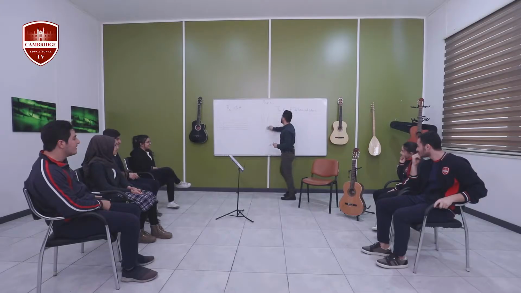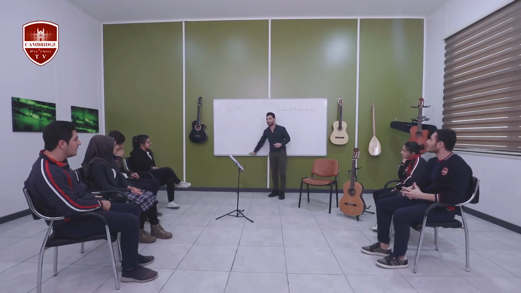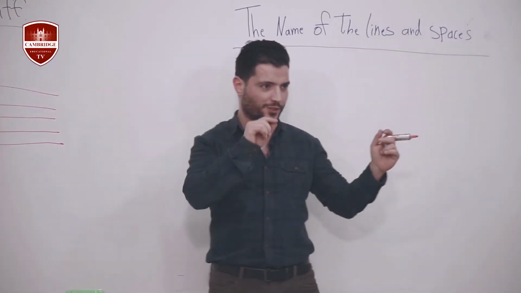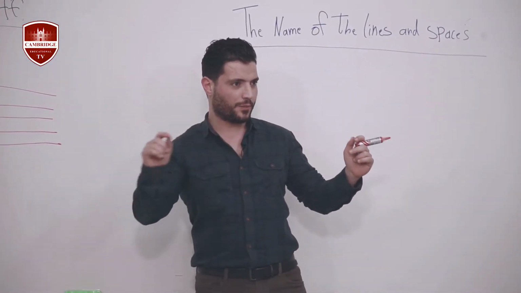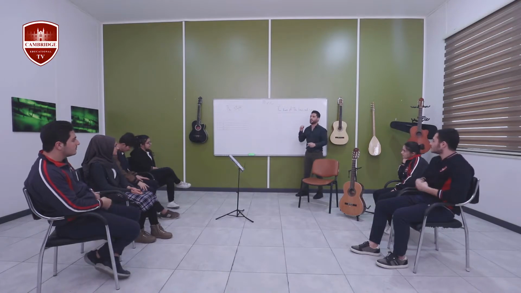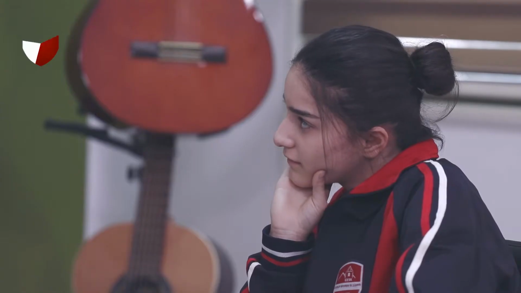I told you, we call it treble clef because he's in trouble. Most of the instruments want him. He's wanted, just like the sign that says wanted, with that much money. The treble clef is wanted by the instruments because 90% of instruments want the treble clef.